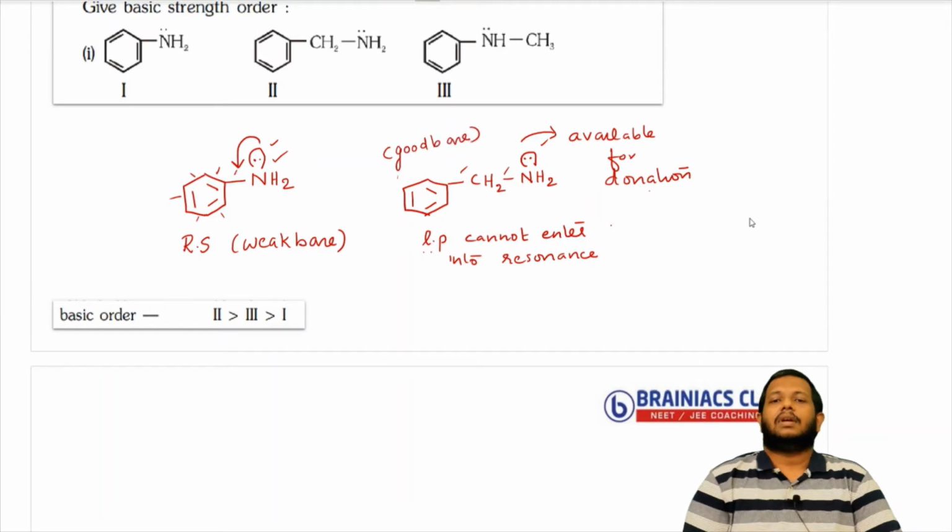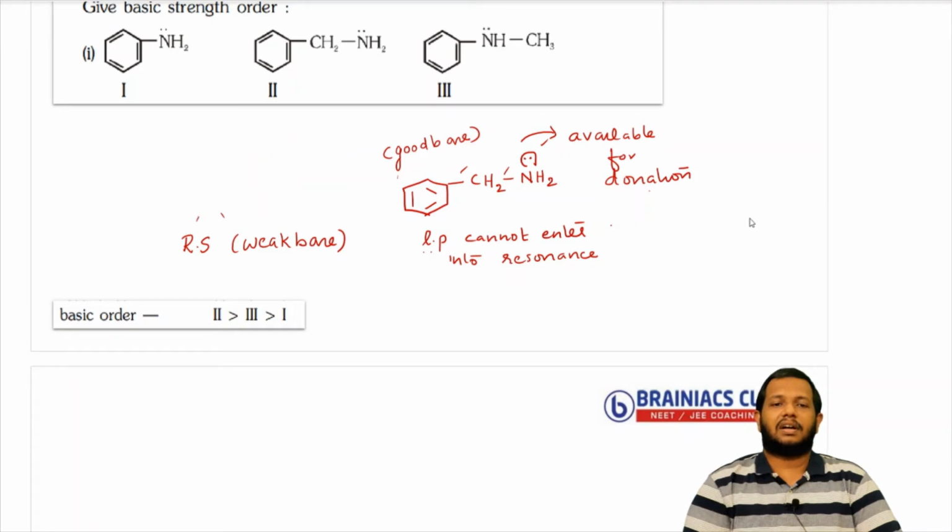Okay, I hope it is clear for you. Now let's see the last one. If you see the structure in the last one, you have a structure like this, and you can see NH and CH3 here, and there is a lone pair present here.